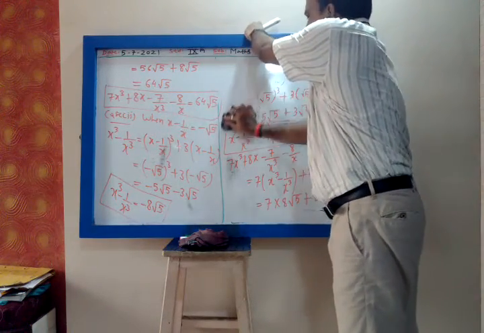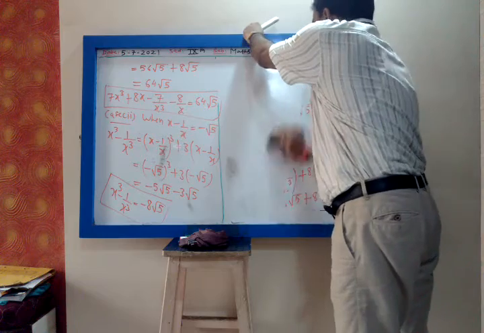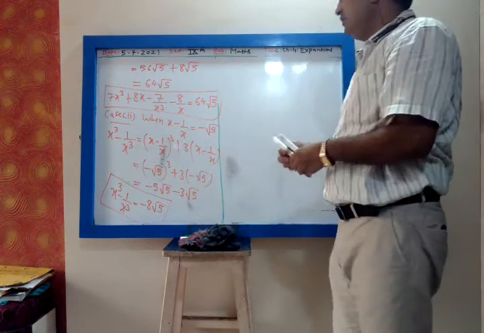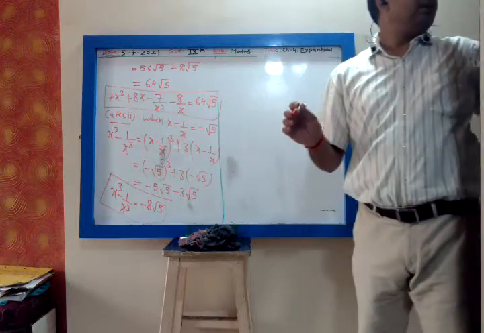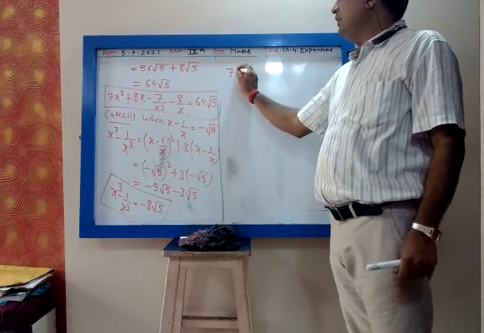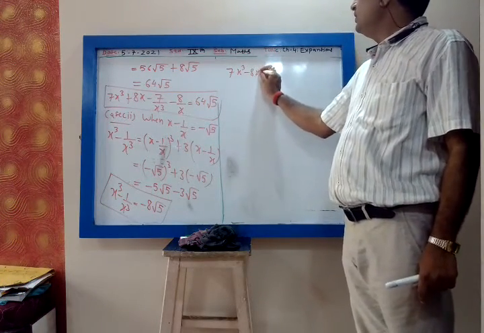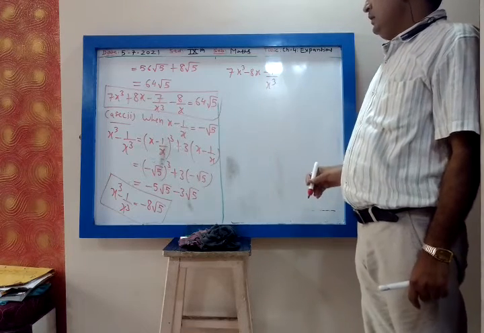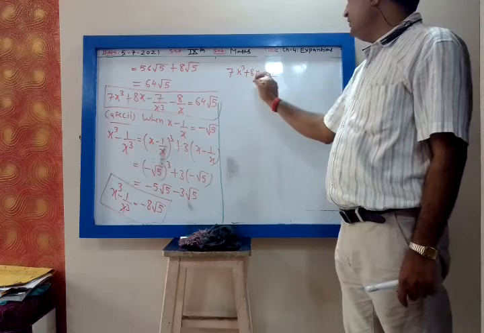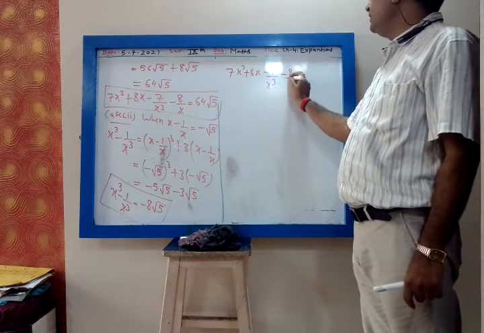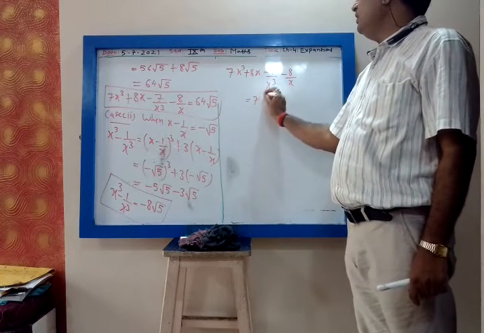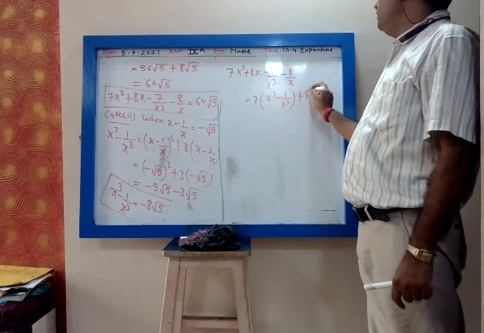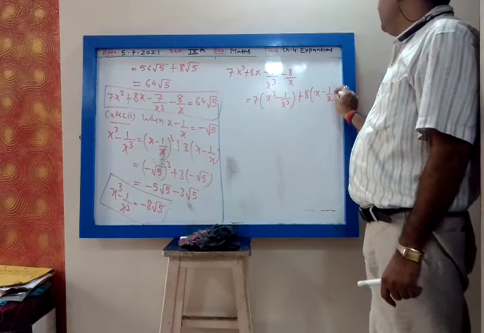For this value, again we find 7x cube plus 8x minus 7 upon x cube minus 8 by x. 7 we have taken common, that is x cube minus 1 upon x cube, plus 8 into x minus 1 upon x. So let us substitute.